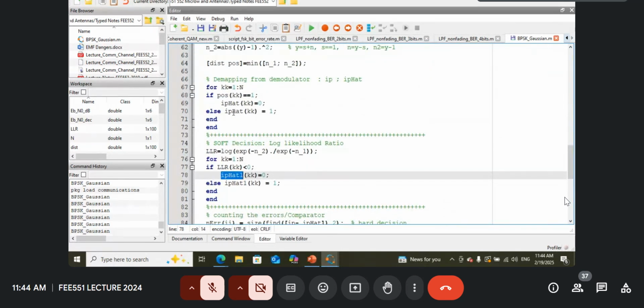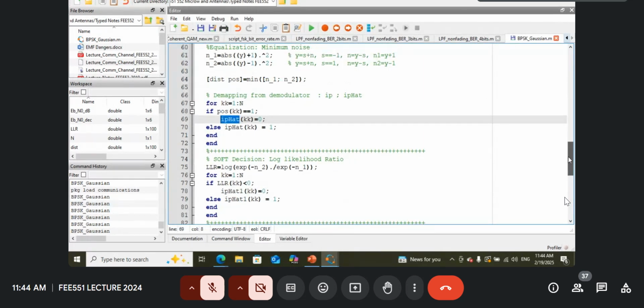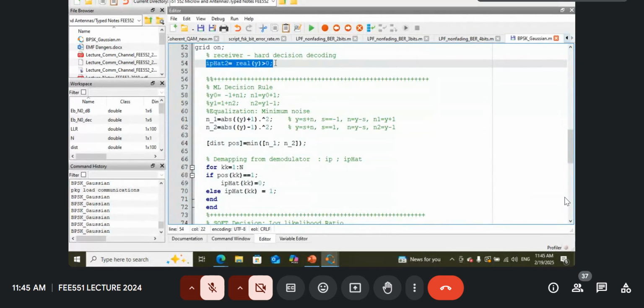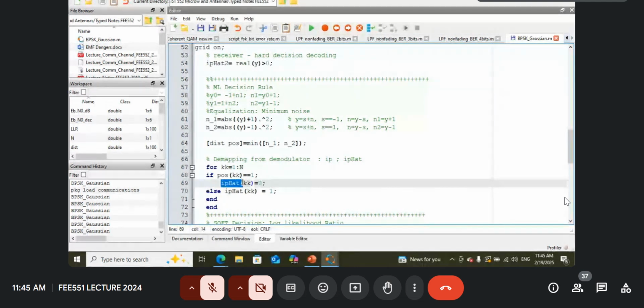Here the hard decision, we just call it IP hat 2. Here, ML we call IP hat.